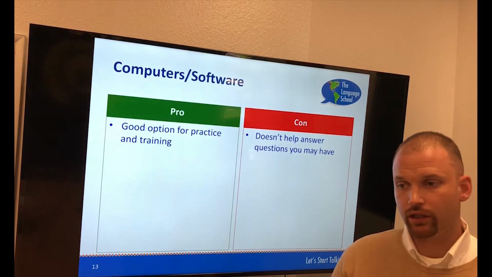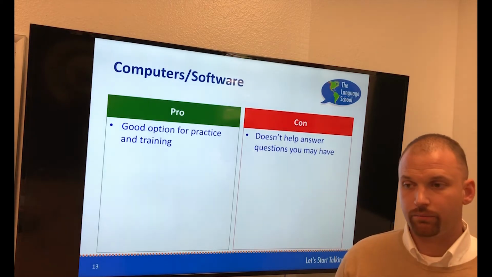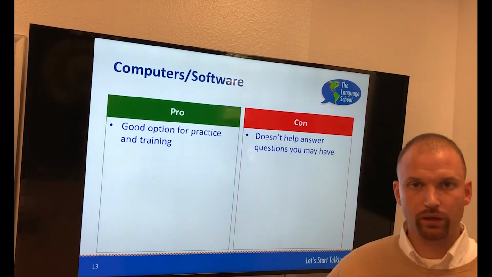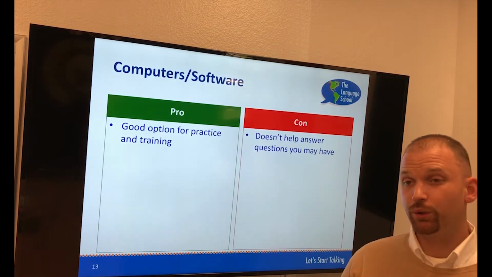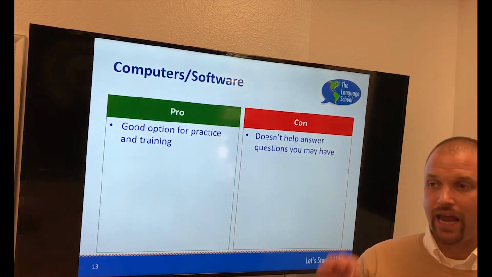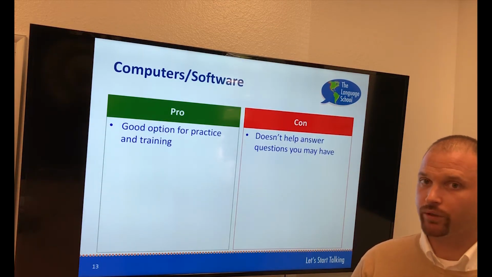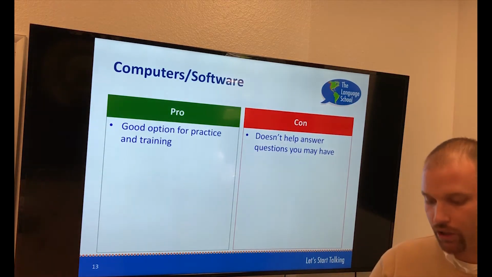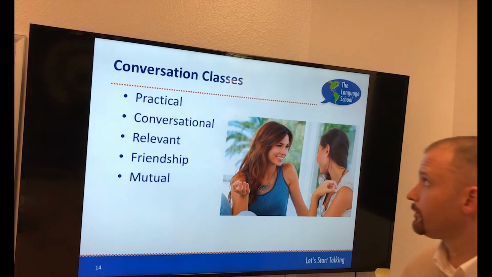These developers have done a really good job in making them pretty intuitive and fairly easy to kind of guess what's going on, but it's not perfect and you are going to have questions that you will not be able to have answered. So you have to make sure and have some type of real human interaction and instruction as part of your plan to learn how to speak Spanish.